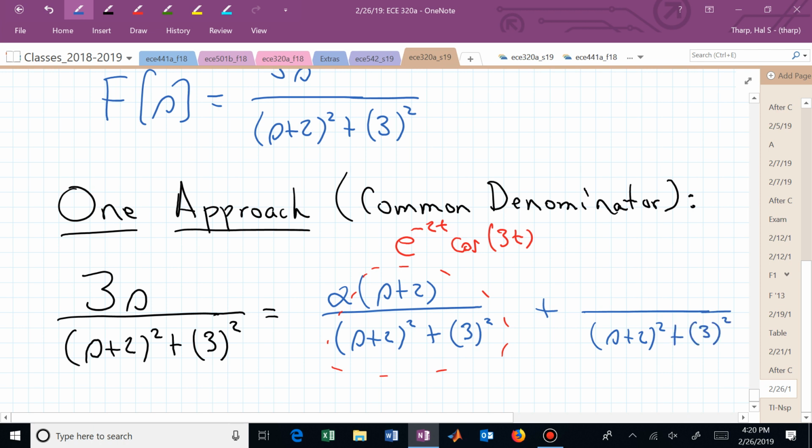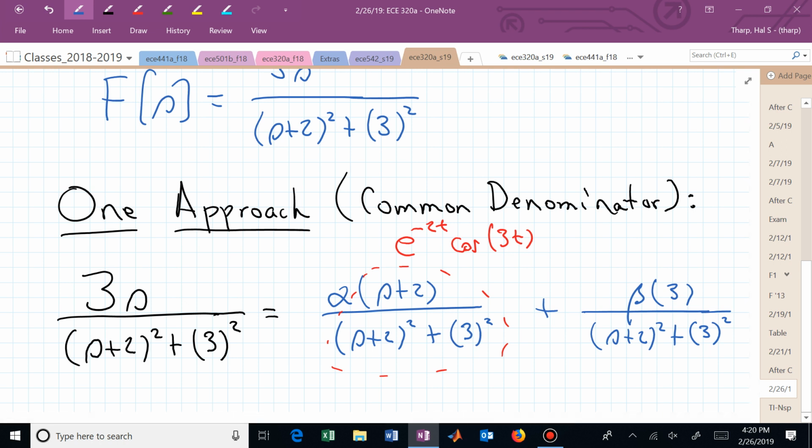What does it have in the numerator? Does it have an s plus 2? Does it have a 3 squared? It actually just has 3, doesn't it? It just has omega. It doesn't have omega squared. It's just omega. It looks like 3. That's the omega, and we want to weight that by beta.